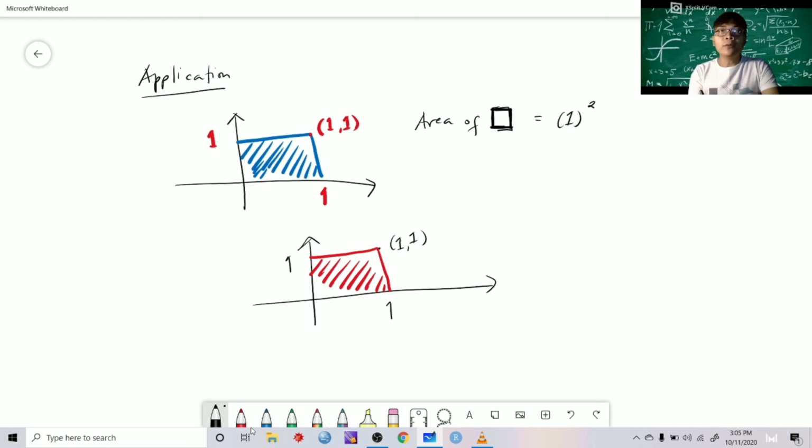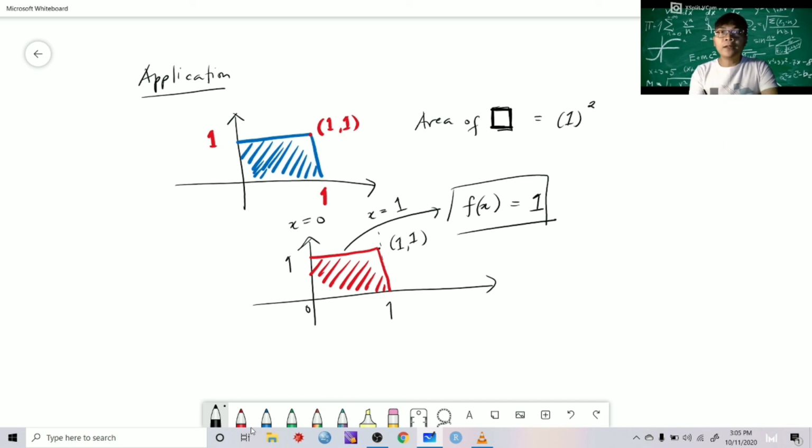We all know that this function is described by this. And the area is bounded by this vertical line. So this is x equal to 0 and x equal to 1.